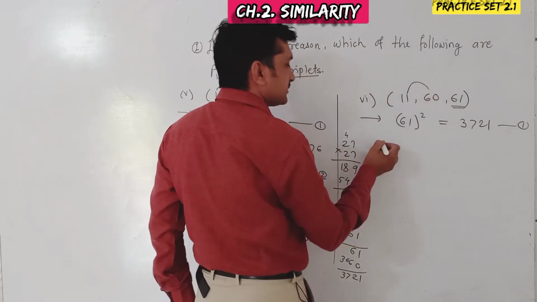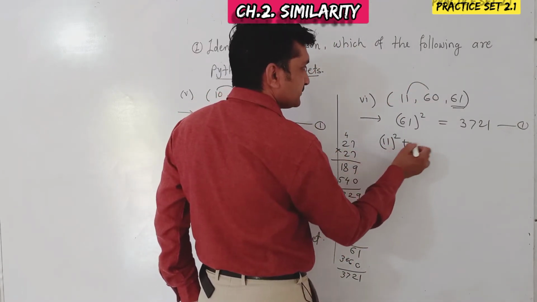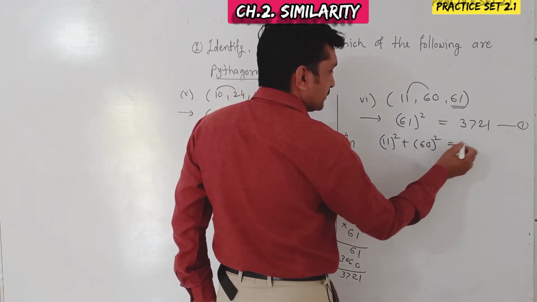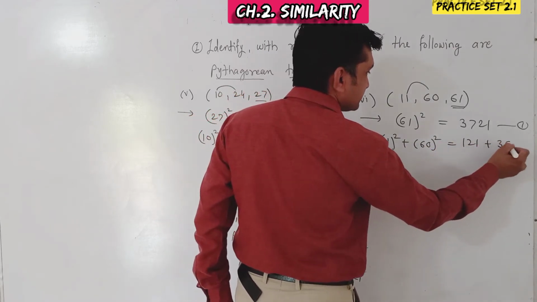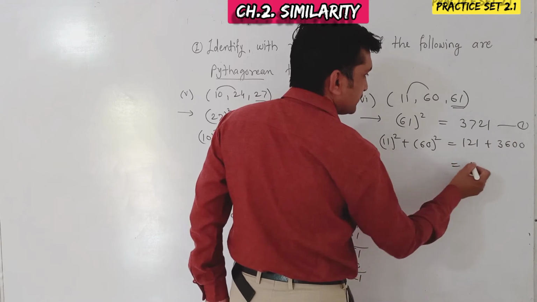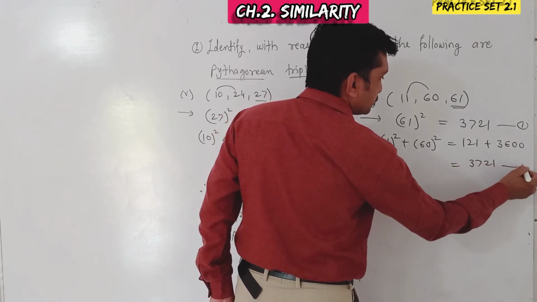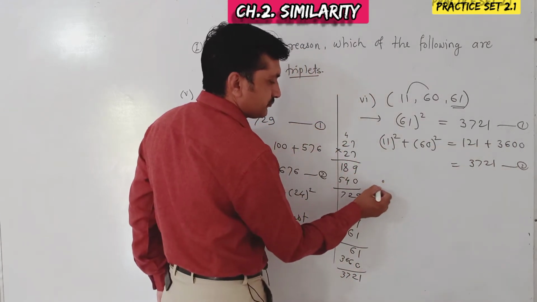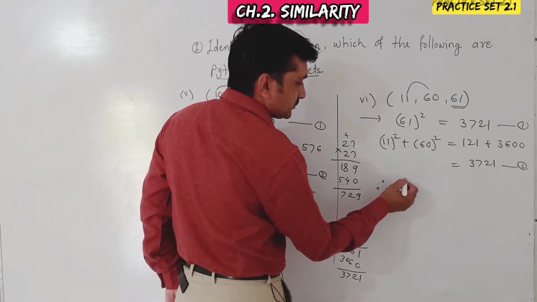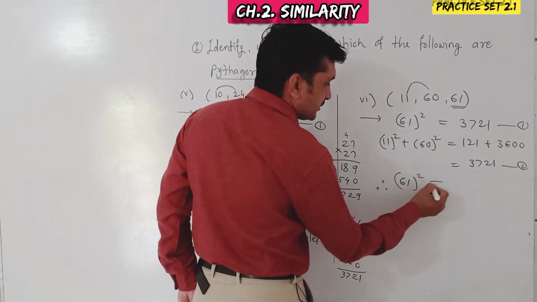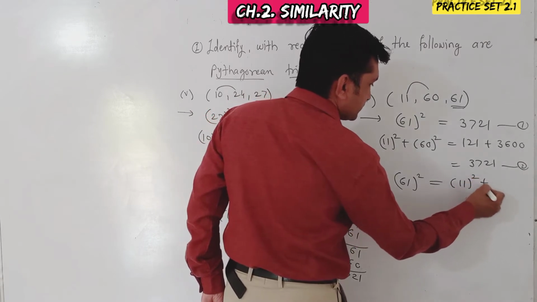Now the remaining 2: 11 square plus 60 square is equal to 11 square 121 plus 3600 is equal to, addition is 3721, number 2. Both are equal. Therefore we can write here 61 square is equal to 11 square plus 60 square.